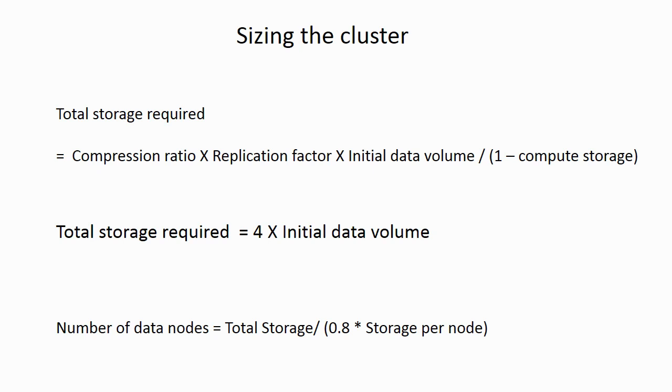So you have to allow for that. So eventually you can calculate the total number of data nodes needed. Okay, so this is just an example to give you a concrete feeling for how HDFS functions internally.